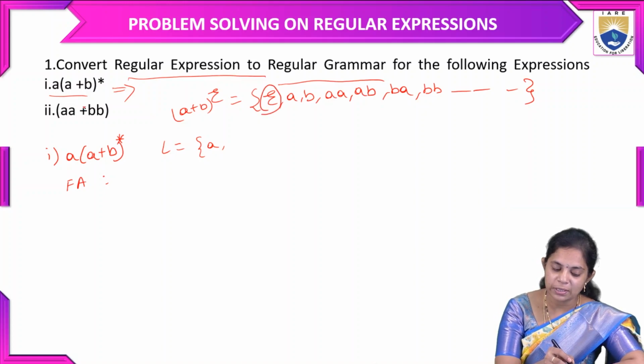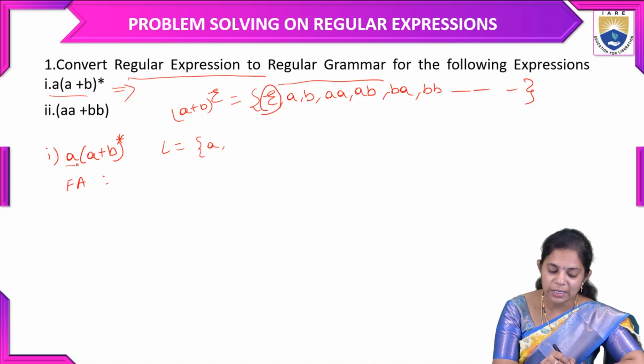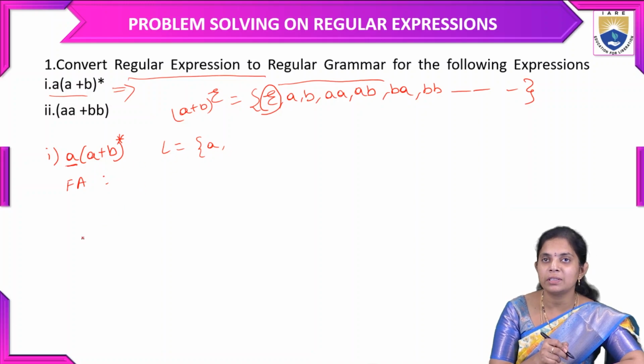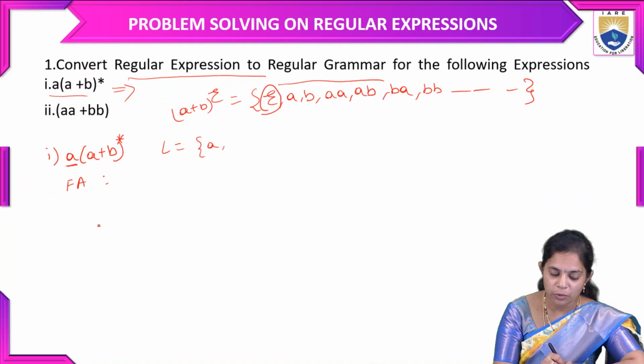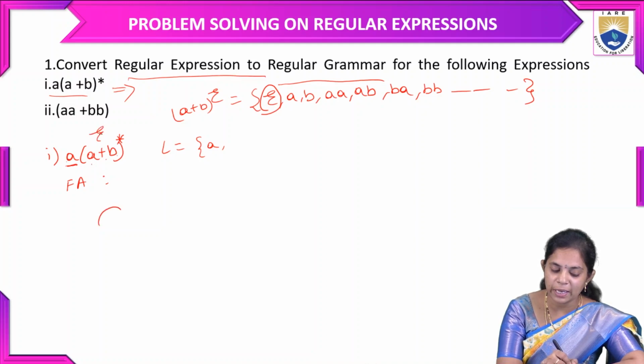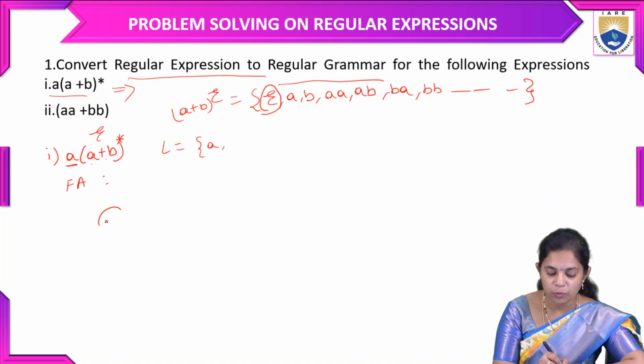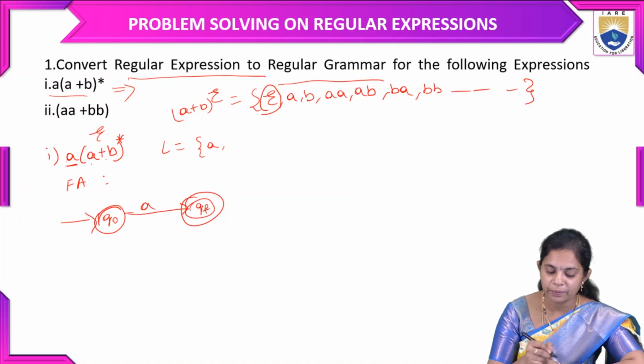Whenever we have this kind of expression, with a single a also we are going to reach the final state. That is how we are going to write it. So instead of this a plus b, the first element is epsilon. What we have to ensure is that with a single a, q0 is reaching the final state qf.